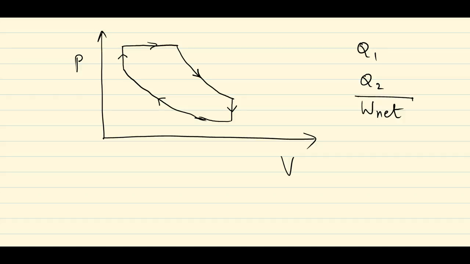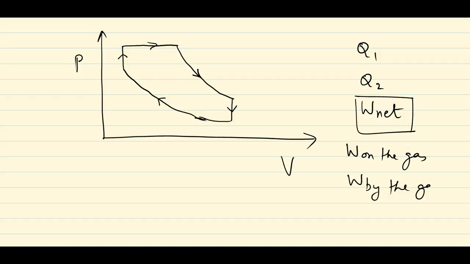So W net is basically the net work done by the gas during one cycle. Note that in certain parts of the cycle, work may be done on the gas, and in other parts of the cycle work may be done by the gas.